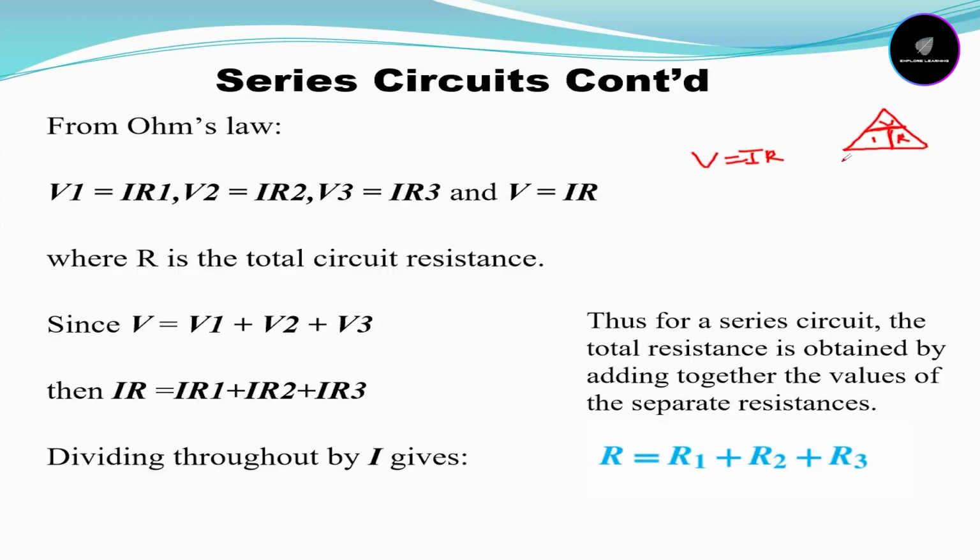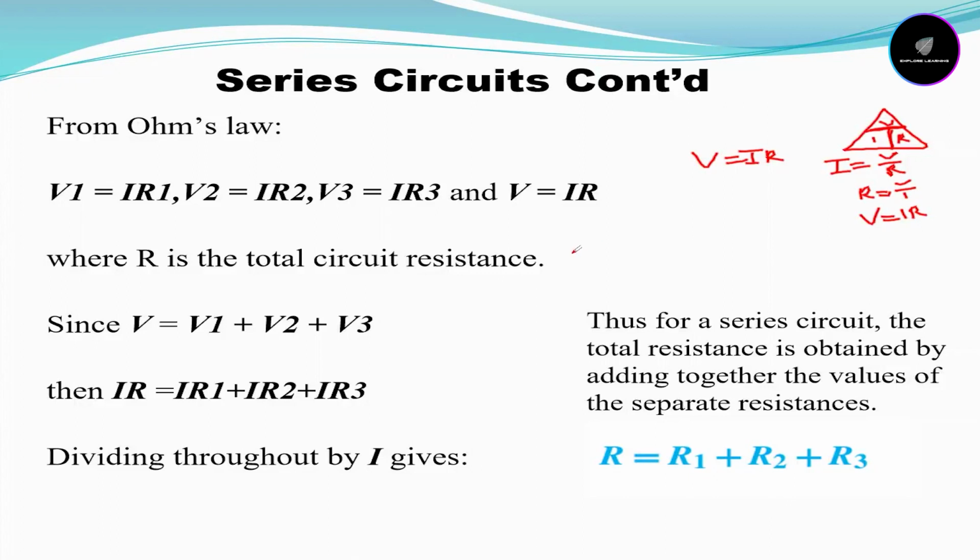So at each point you have I equal to V over R, R equal to V over I, and V equal to IR. Using this triangular method keeps you in check.